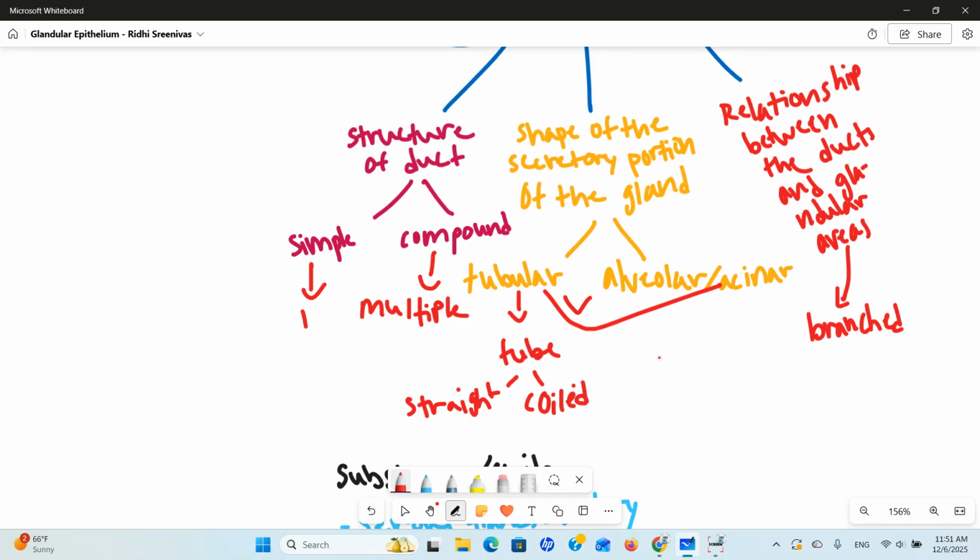Okay, so it can be either one. But if we look at alveolar, these kinds of shapes will look like alveoli, which are these tiny air sacs in the lungs.